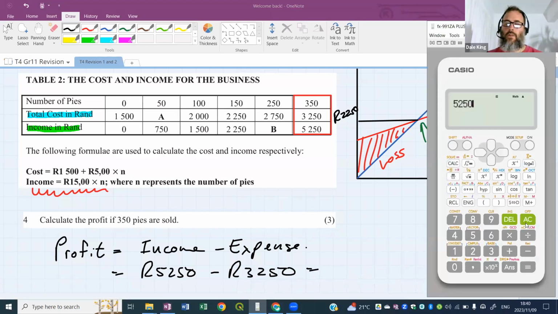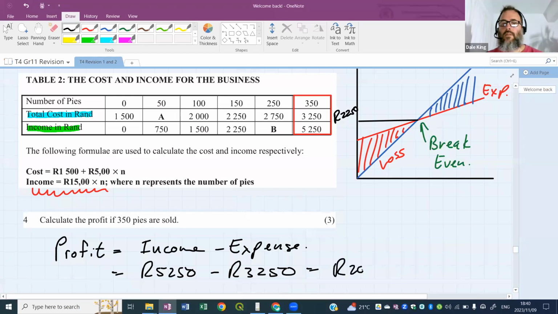You should all be getting 2000. So we're taking the income, the 5250, and subtracting the expenses or the costs, which is 3250. That will give us a profit.